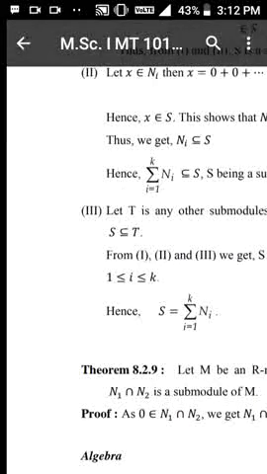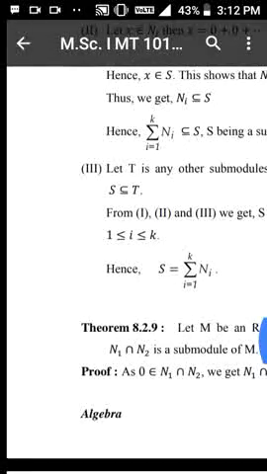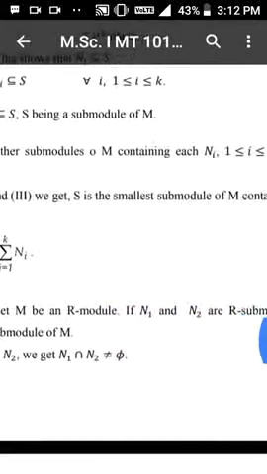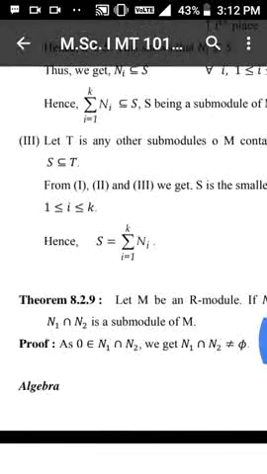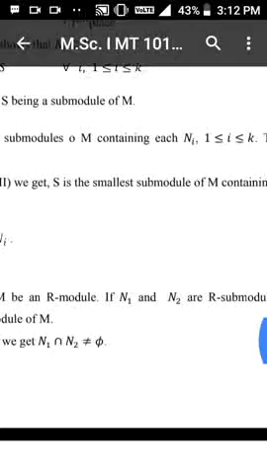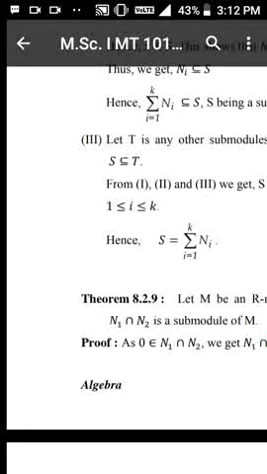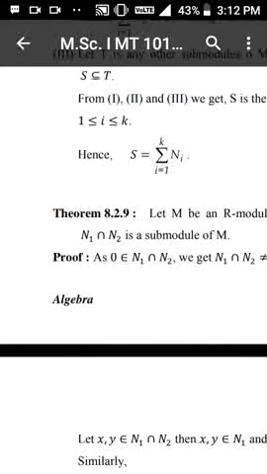Hence the summation of Ni is a subset of S, S being a submodule of M. Let T be any other submodule of M containing each Ni, 1 less than or equal to i less than or equal to k, then obviously S is a subset of T. From 1 to 3 we get S is the smallest submodule of M containing each Ni. Hence S is equal to the summation of Ni, i equal to 1 to k.